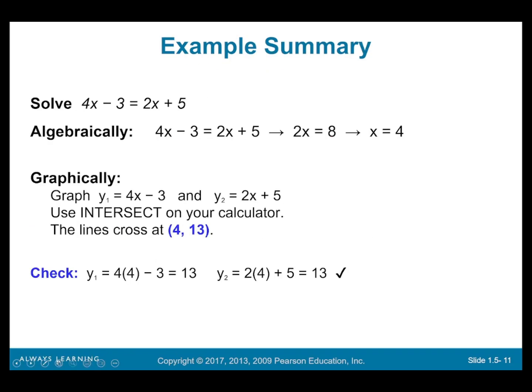As a recap, we could solve 4x minus 3 equals 2x plus 5 by just looking at the algebraic option or the graphic option. And either way, you're going to get 4, 13.